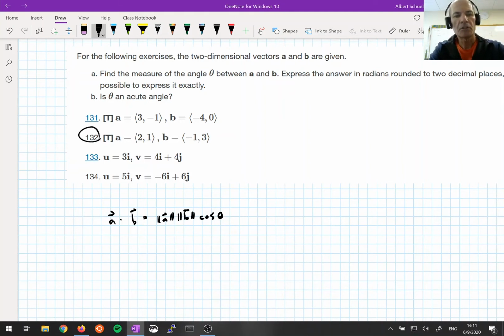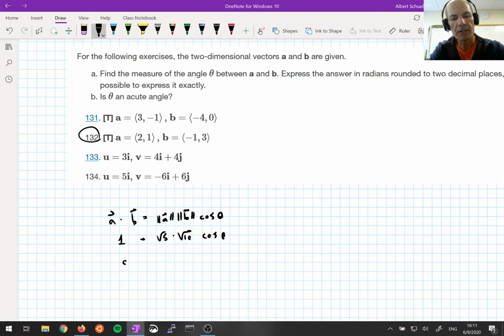In 132, A dot B is -2 plus 3, that's 1. The magnitude of A is the square root of 2 squared plus 1 squared, square root of 5, times the magnitude of B, which is the square root of 1 squared plus 3 squared, square root of 10, and that's the cosine of theta.